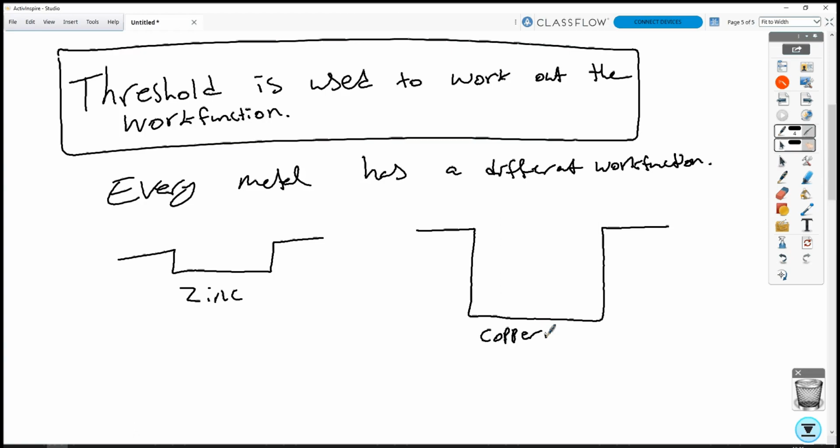Now we can graph this. What we can actually measure in this experiment is the frequency of the photons, because we know what the frequency is since we're generating the photons from a lamp or a laser. And then we can measure the kinetic energy of the electrons coming out.